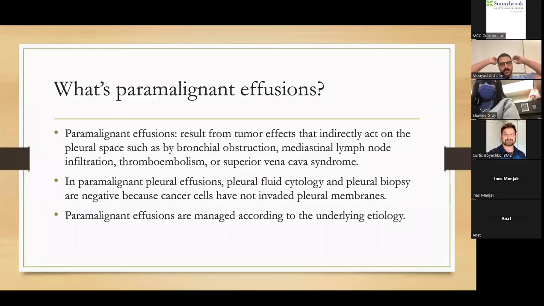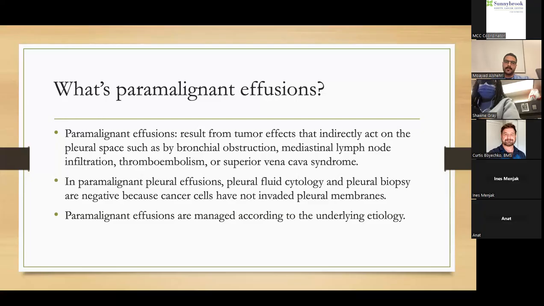So there's this concept of paramalignant effusions, which is when sometimes we do a thoracentesis and it's negative. We do another thoracentesis, it's negative. Some people get so many in different hospitals. They even get a pleural biopsy and there's nothing. This is what is referred to as paramalignant effusion, which basically results from the tumor but is kind of an indirect effect of a malignancy.